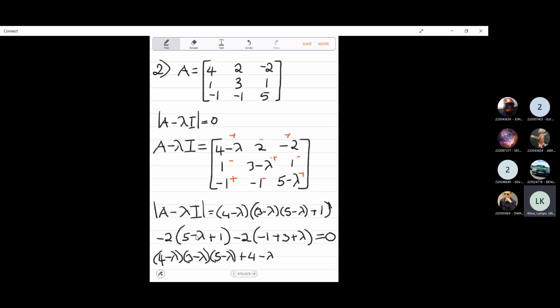So I have -2 times 5 minus lambda, and then -2 times 1, which is -2. Then -2 times -1, which is +2. You can see those two will cancel. And then -2 times 3 minus lambda.